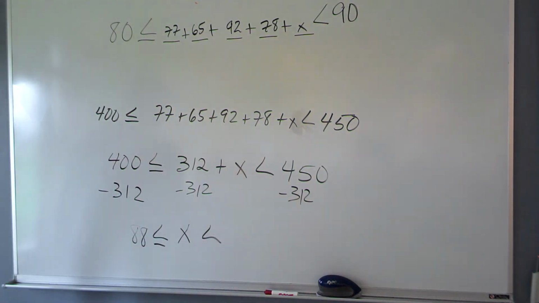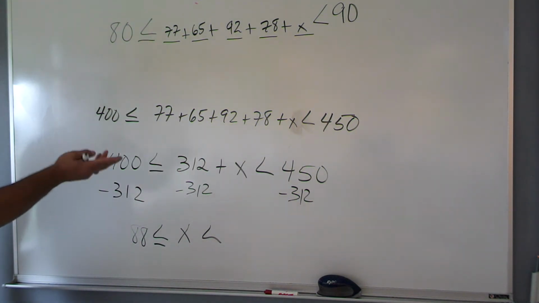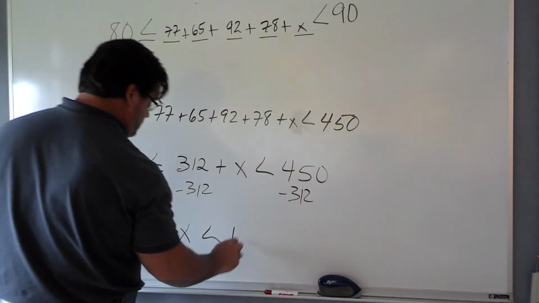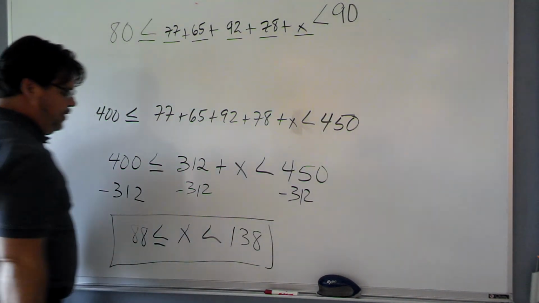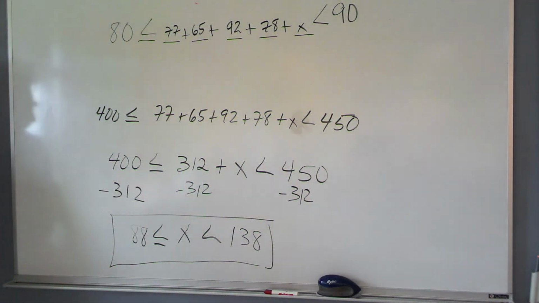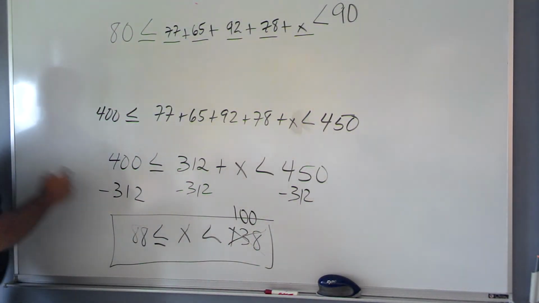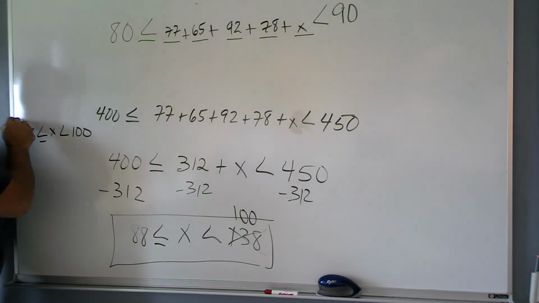And 450 minus 312, well, we just said 88 would give you 100, so 88 plus 50 is 138. So he has to make between an 88 and a 138. Well, what's wrong with 138? It's over 100. So just make it 100, because the highest grade is 100. There's your answer.